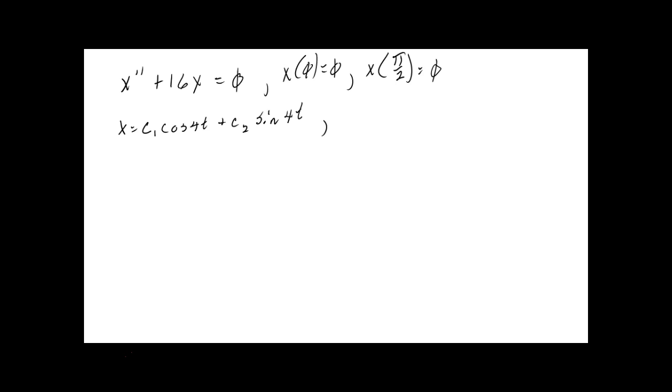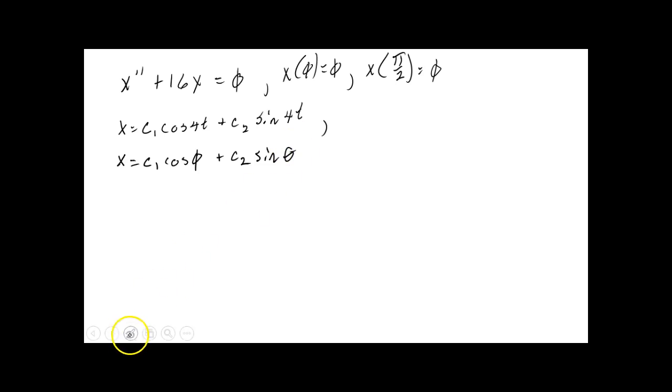I'm so sorry. Now, the first of these, if you plug in t is equal to 0. The independent variable here is t. T is equal to 0 into this, you get x is equal to c1 times the cosine of 0, because 4 times 0 is still 0, plus c2 times the sine of 0.